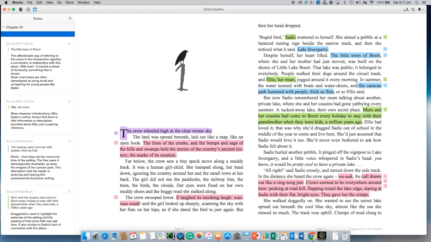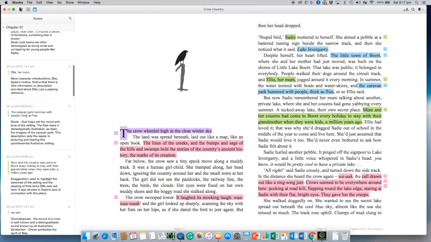And small rural towns, as we know, are often stereotyped as being small and quiet and not really places for young people. They're boring and dull, and they have those connotations of not really being the most inspiring places for young people to grow up, particularly for someone like Sadie, who's moved out from the city.